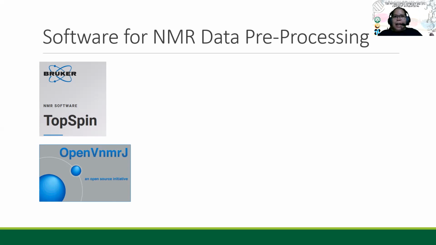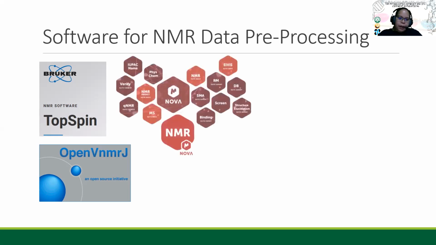So Agilent has already discontinued their NMR business. So the software that is used for data acquisition, which is VNMRJ, has been converted into an open source software. So this is your OpenVNMRJ.